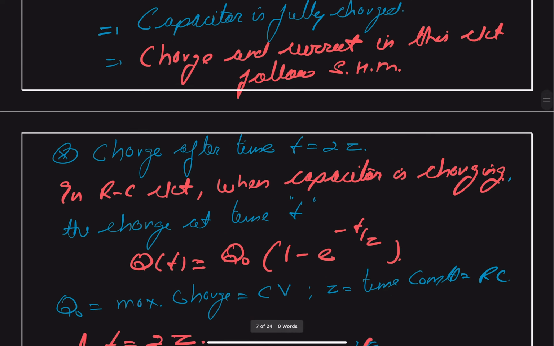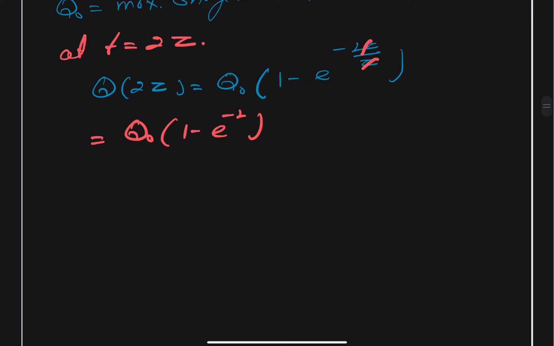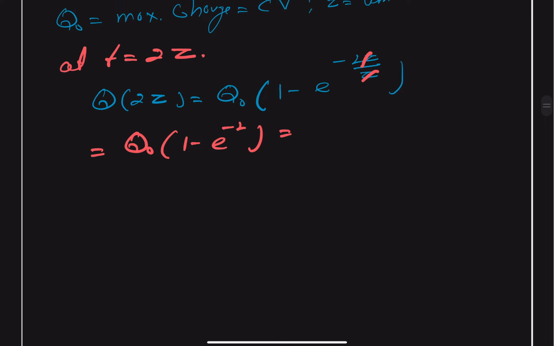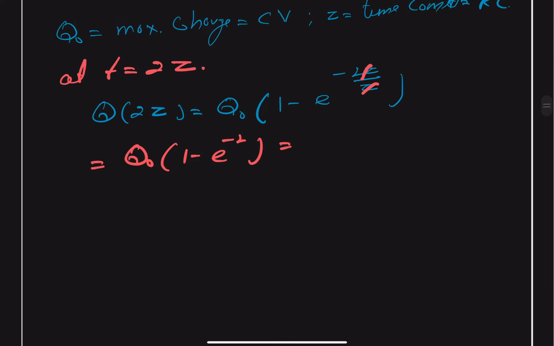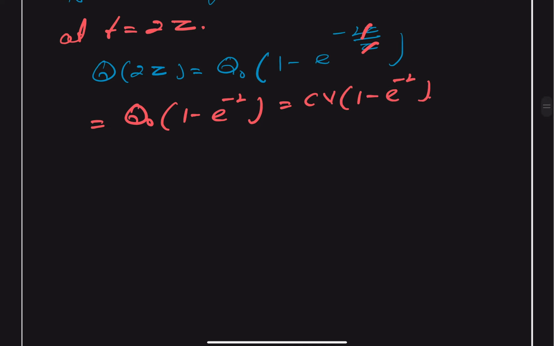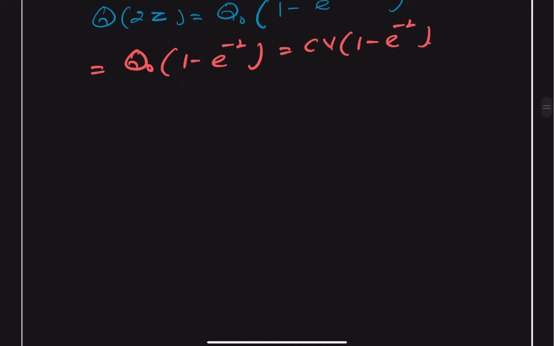In this case, we can substitute q naught here because it is given in the CV format. So this comes as CV times 1 minus e raised to power minus 2. We can solve it a little bit also.